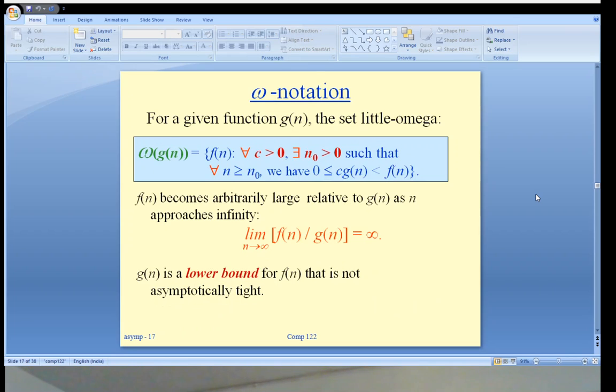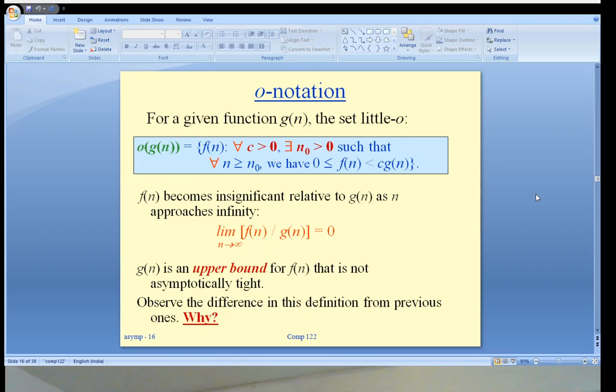Okay, so the little omega notation. The little omega notation shows the same behavior. When n becomes very large, the limit as n tends to infinity of f(n) upon g(n) becomes infinity, which means the function g(n) becomes very small relative to f(n), and g(n) is a lower bound for f(n) that is not asymptotically tight.